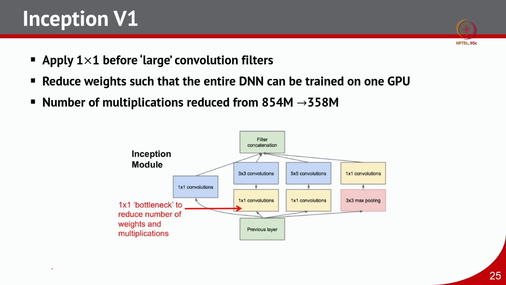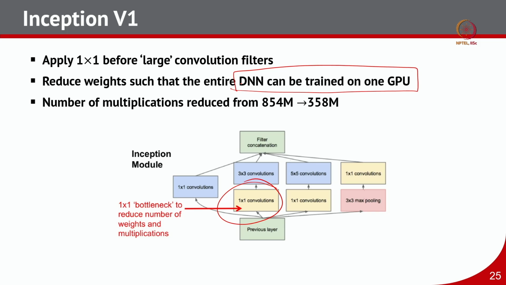So, in the last class, we discussed Inception V1, where the main contribution was to apply one by one convolution before the large convolutional filters. This one by one convolution reduces the number of weights such that the entire DNN can be trained on one GPU. This is a very important statement.